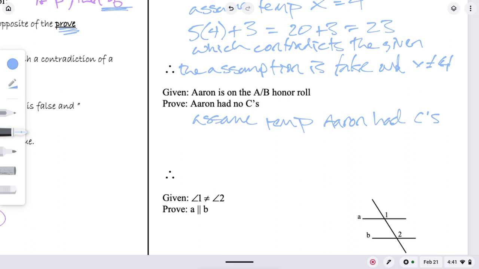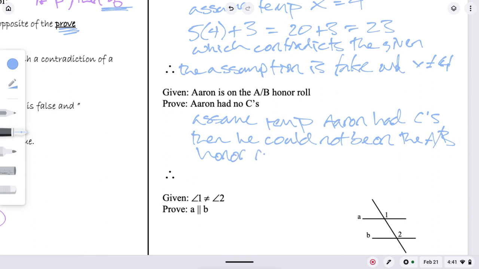Now, if that's true, then he could not be on the AB honor roll. And that's what contradicts my given. Right? It's not possible to be on the AB honor roll if you've had a C.